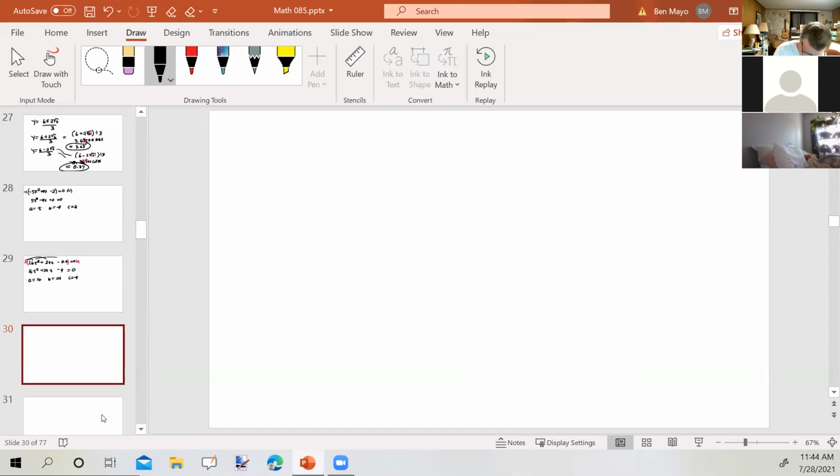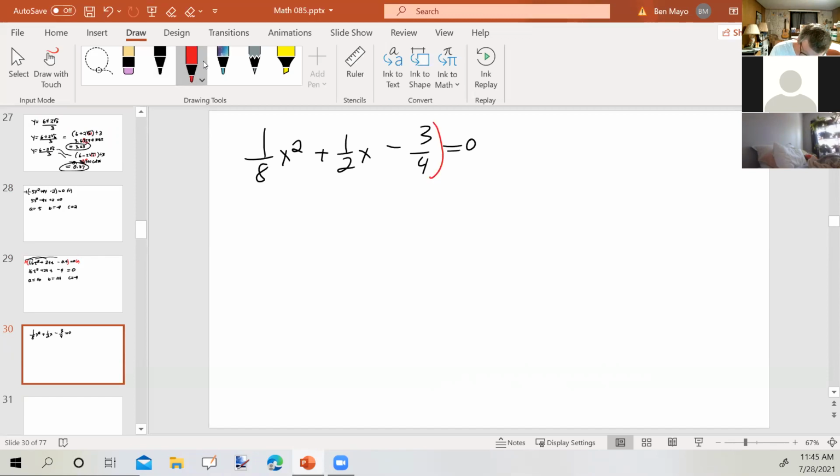Another example, let's say we have a quadratic equation that contains fractions. How do you clear the fractions? Multiply both sides of the equation by the least common denominator. What's the least common denominator of 8, 2, and 4? It would be 8. So I'm going to multiply both sides of the equation by 8.